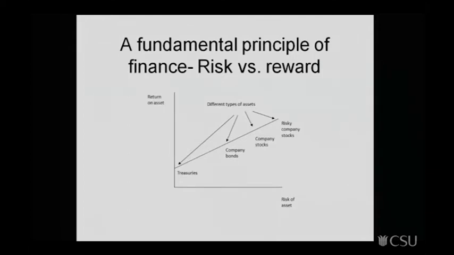So what we introduced last week was this idea of this risk versus reward trade-off. And I was saying this was one of the fundamental concepts in finance. The idea that assets that are more risky tend to have higher returns.